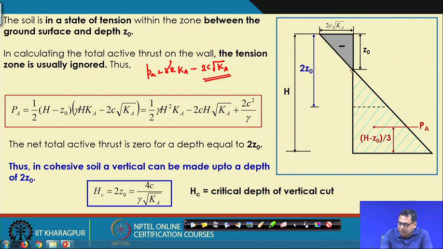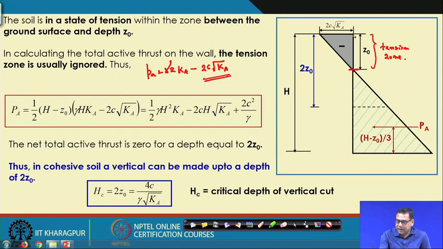So up to this point there will be a negative earth pressure, which means it is a tension zone. Here a tension crack will develop, because soil cannot take tension, soil is weak in tension, and your stress is negative.